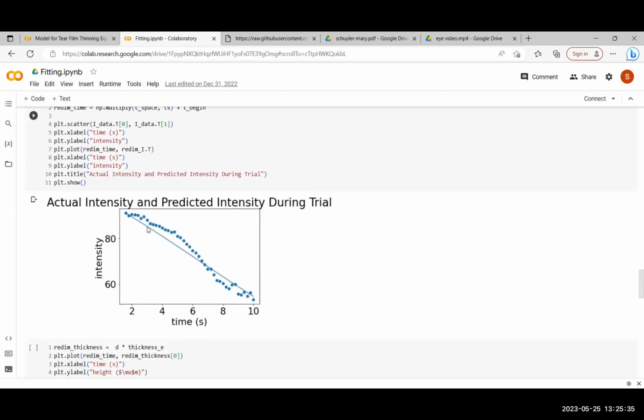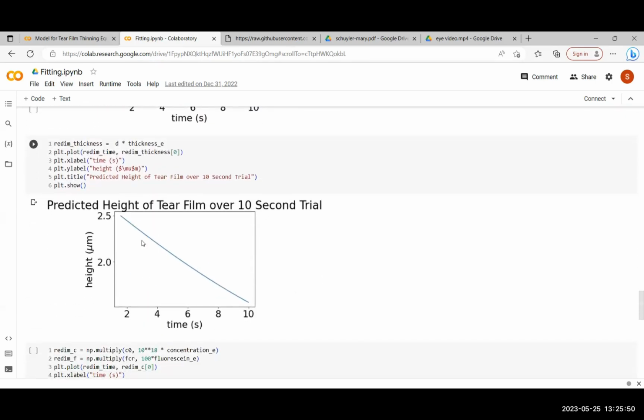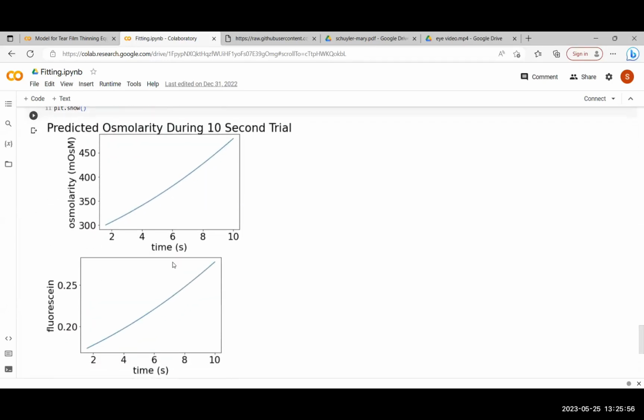And so we're able to graph that. The line here is our prediction using the V0 that we generated, and then the scatter plot is the actual data that we had plotted. So it's a pretty good fit. And then using that, we're able to calculate the predicted height, osmolarity, and fluorescein concentration over that trial as well. That's all I have.